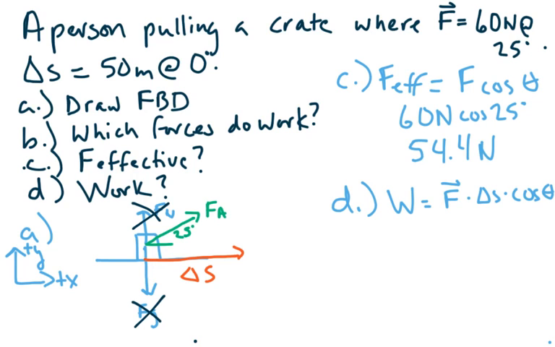But they broke it down and asked us to figure out the angle at play in the previous question. So that's why the cos is already incorporated in our force here. We've got our force value, which is 54.4 newtons, and we're multiplying that by our displacement, which is 50 meters.